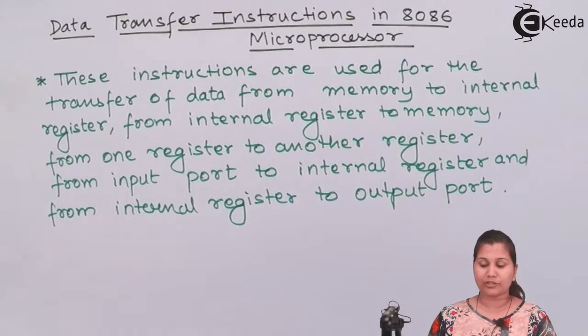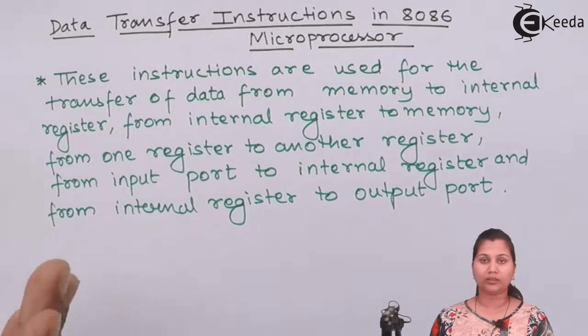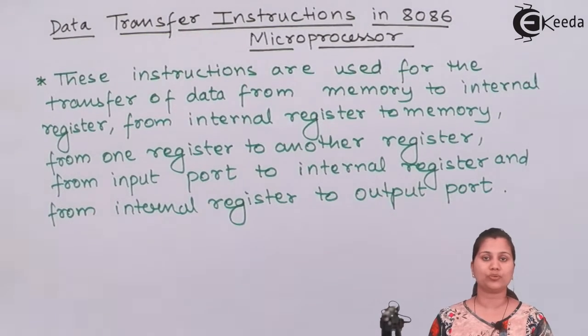Now in these data transfer instructions, depending upon the source and the destination, which is either memory or an internal register or input port, output port, we have the various data transfer instructions.